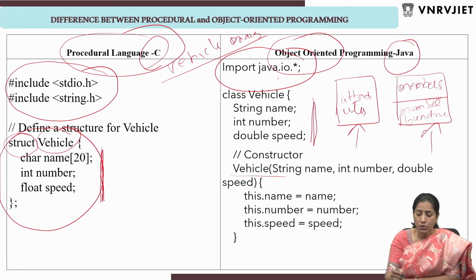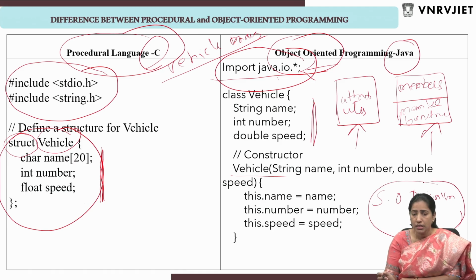So we have to use this statement to access those. Let us say here I am using System.out.println. This is for printing some data. So when I am using this, this is a predefined method.